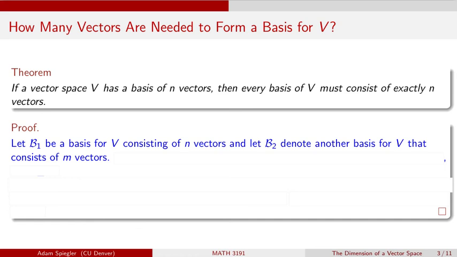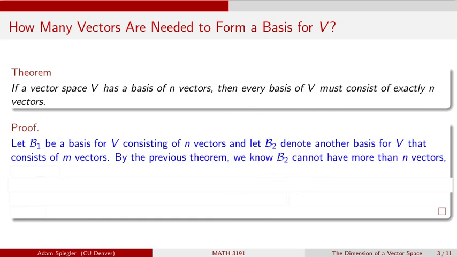However, from the previous theorem, since I know that B1 is a basis with n vectors, I know that B2, which is a second basis, can't have more than n vectors. So this tells me that m has to be less than or equal to n. It can't be greater than it.